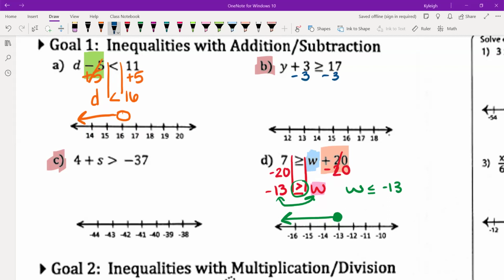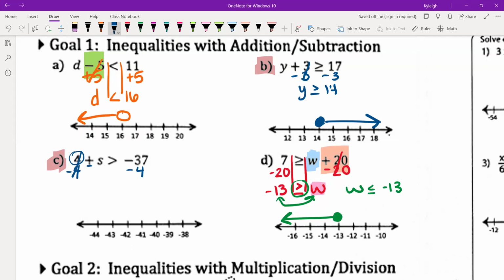So I'm going to kind of go quick. Hopefully you subtracted 3. You got 14, which is a closed circle going that way. C is probably, if you did anything wrong, you probably didn't subtract 4 because you saw this plus sign. But the 4 is positive, so the opposite of a positive is a -4.